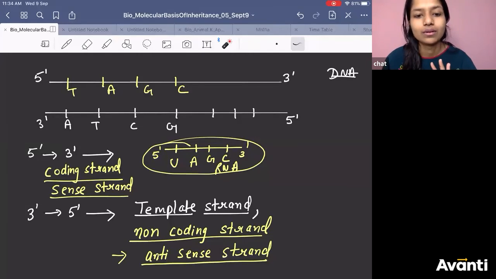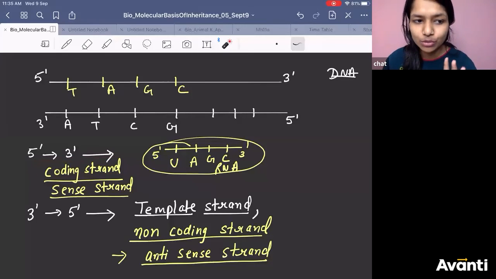Cool. Now, the next information is whatever naming nomenclature we do in the transcription process, that happens on the basis of, very important point, the coding strand.